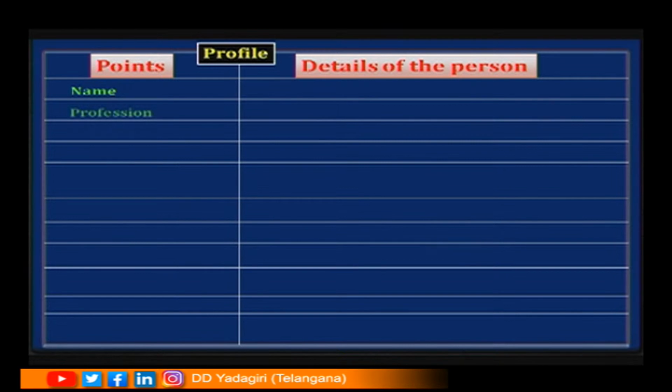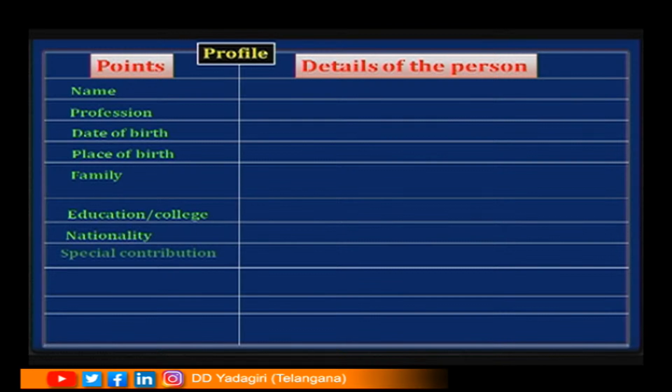Name, profession, date of birth, place of birth, family, education or college, nationality, special contribution, height and weight, coach, and awards and honors received.